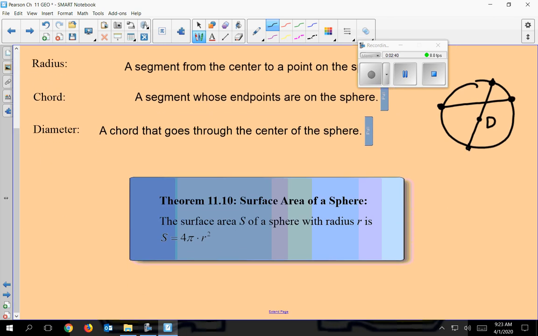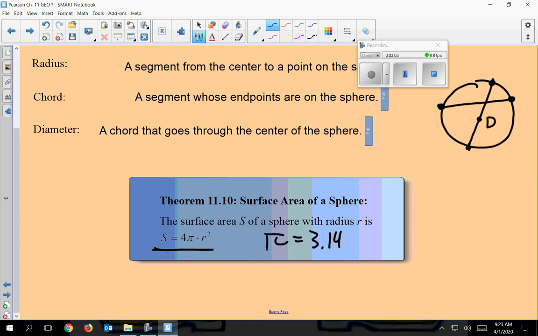We need to find the surface area of a sphere or a ball. So they're going to give you the surface area formula right here. It's 4 times pi times the radius squared. So you need the radius. We're still going to call pi being 3.14. I'm going to do something a little bit different with this formula than I have in the other ones with the pi.